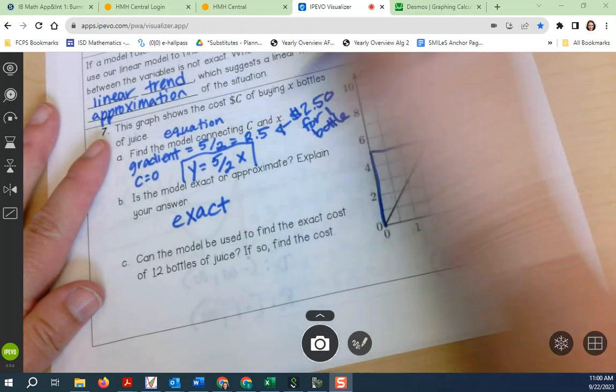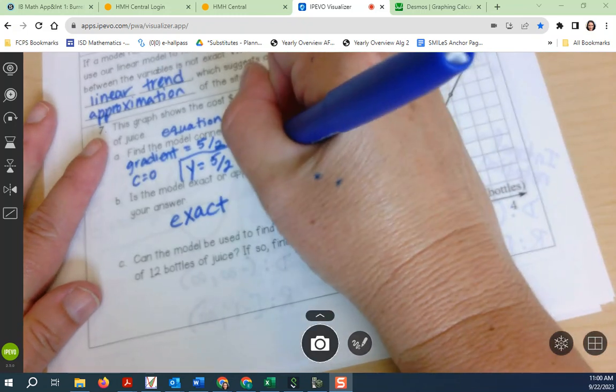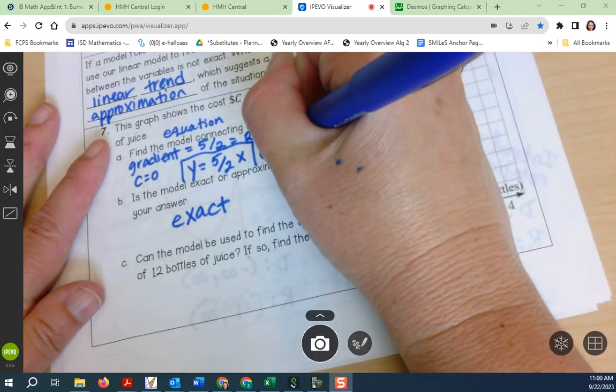Oh, you know what, guys? I should have used the right letters on this. They use C. C equals 5/2 x.